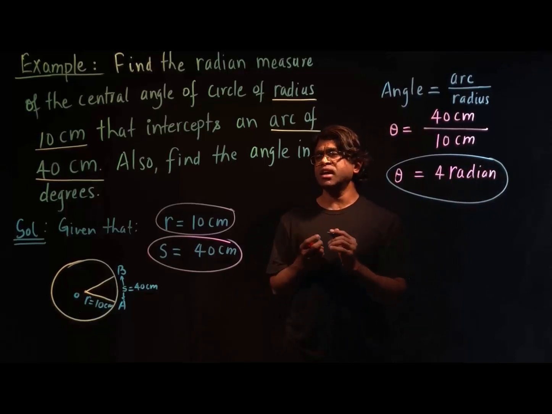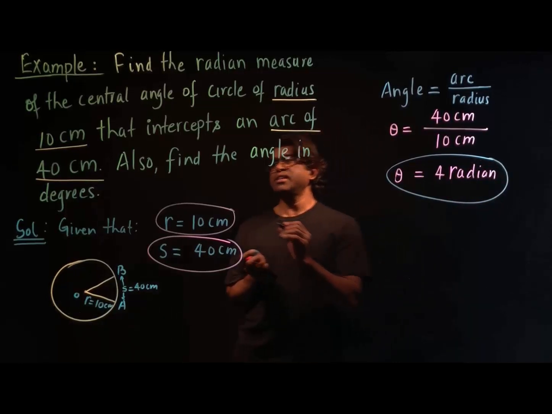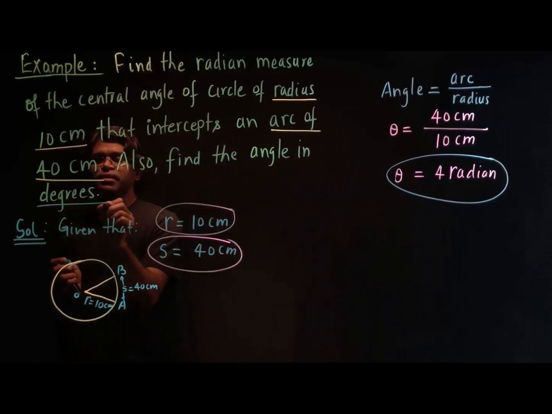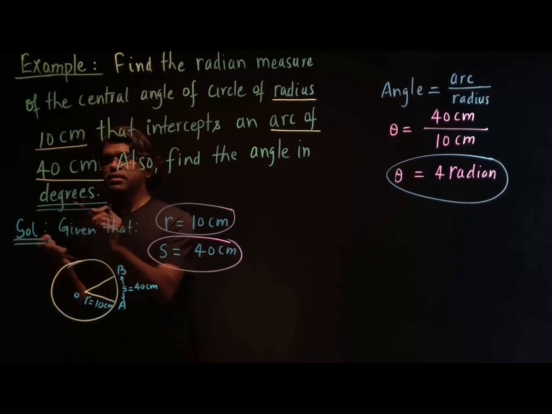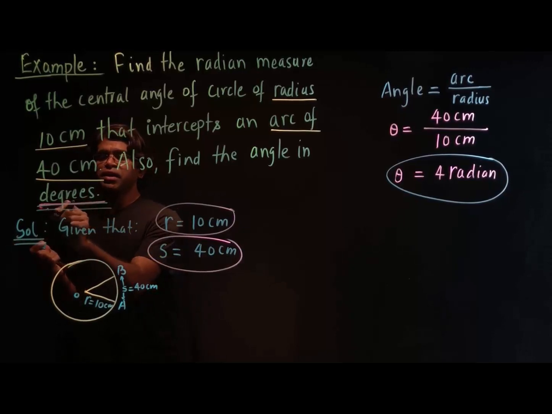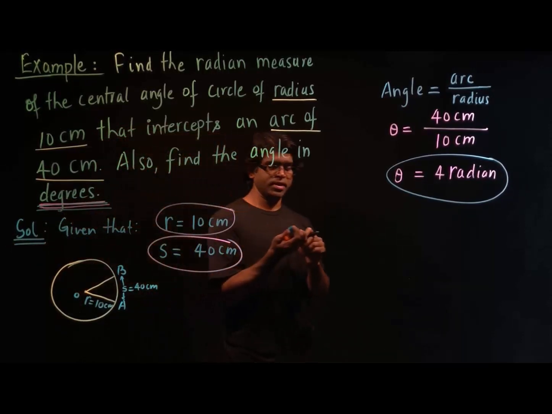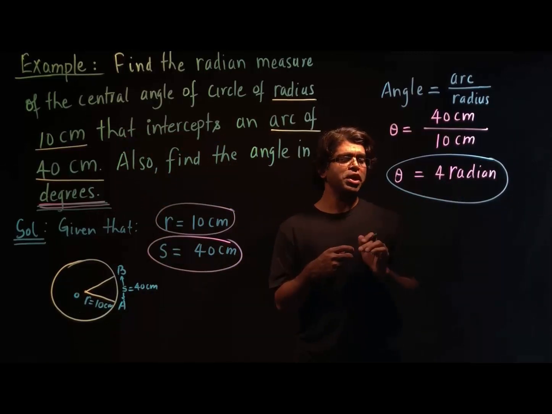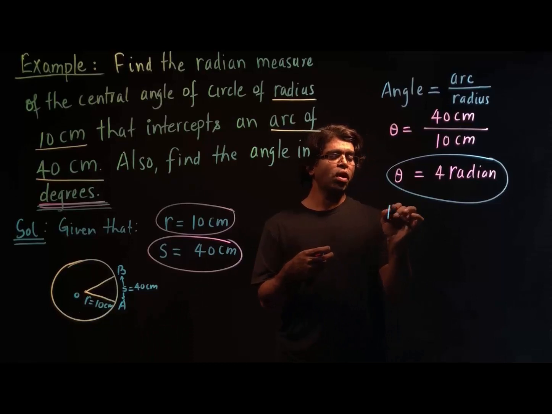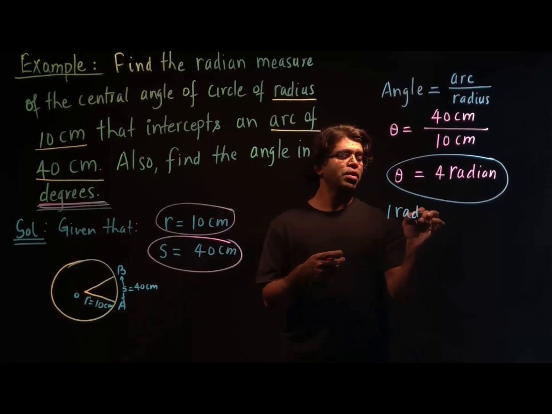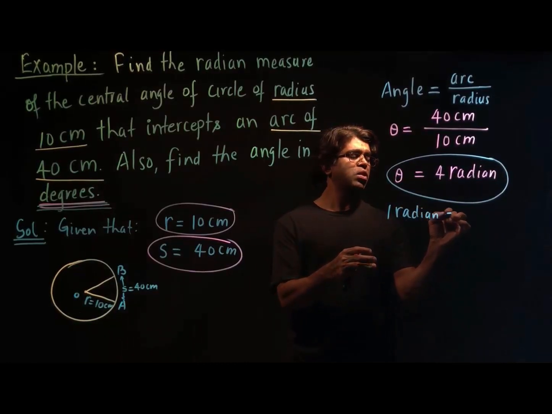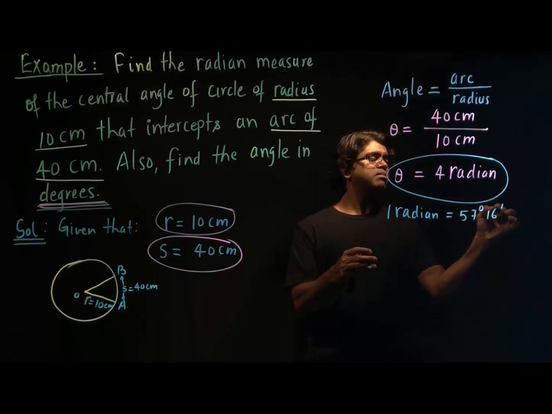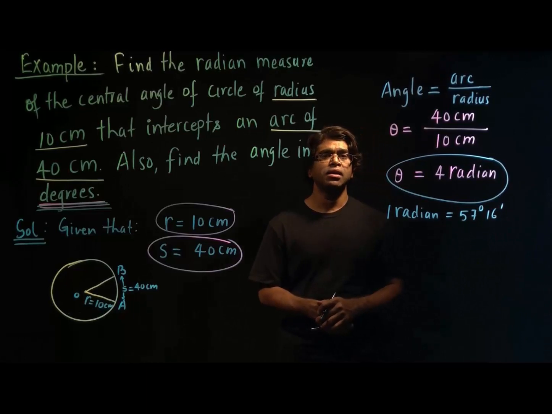Now, let's read the other part of the question. It says to also find the angle in degrees. This is my keyword, degrees. So we need to find the value of the angle in degrees. Now we need to convert this radian into degrees. If you remember, 1 radian is equal to 57 degree 16 minutes, right?